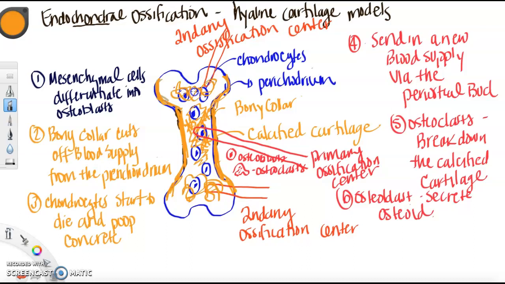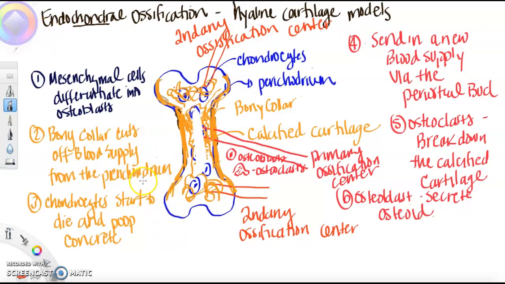There's no cavity here. And then here we have compact bone on the periphery, spongy bone right next to the compact bone, and then inside there'll be a marrow cavity. So that's what we have at the end.